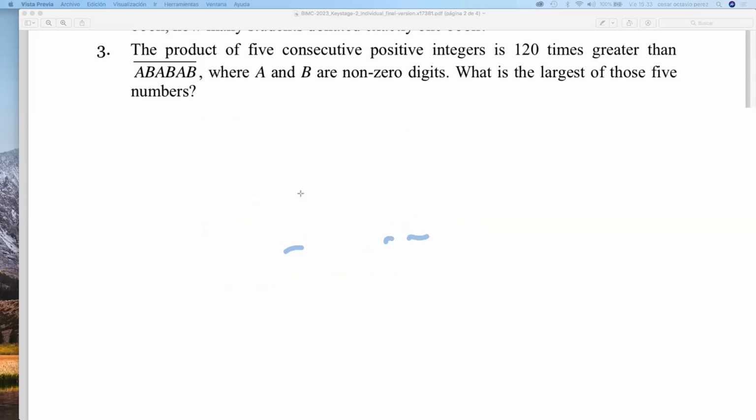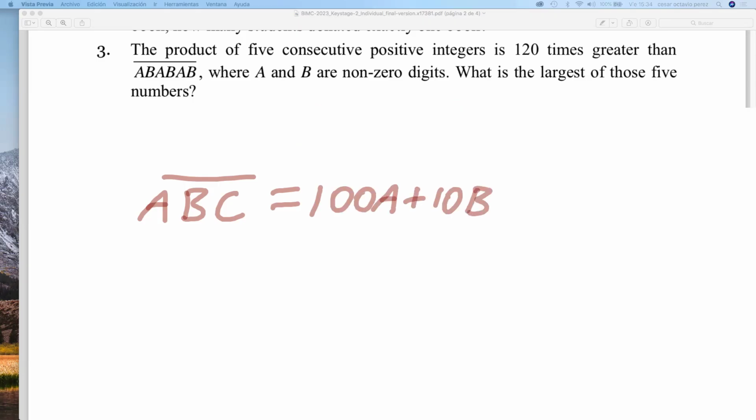So, for example, if we have this A, B, C, how are we going to write this in order to use algebra? 100A plus 10B plus C. Okay, that's right.